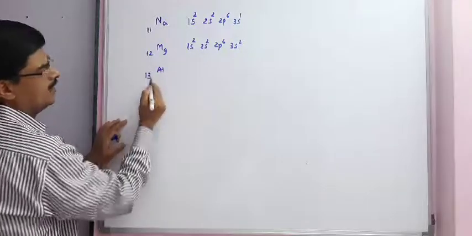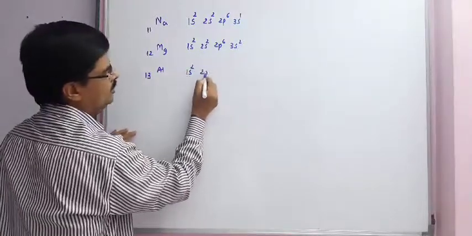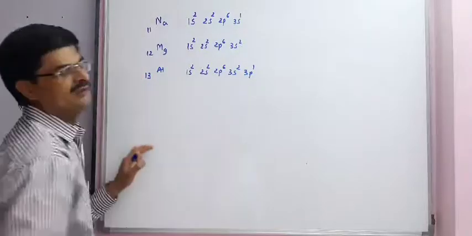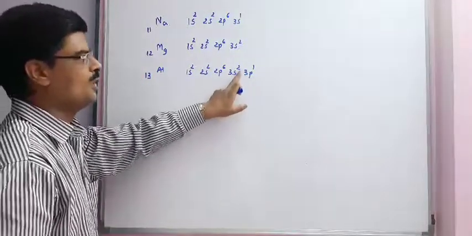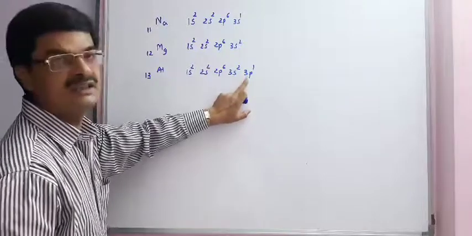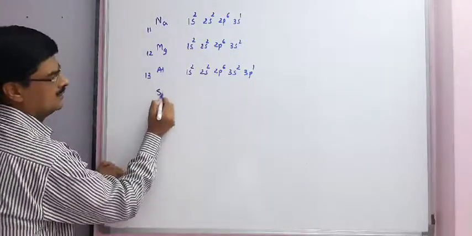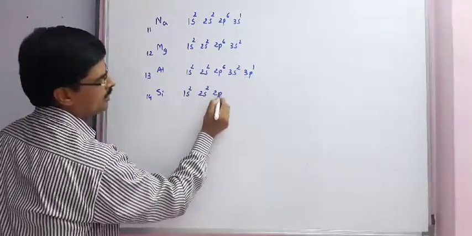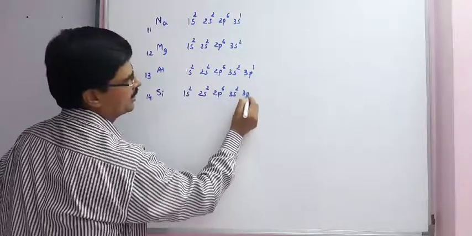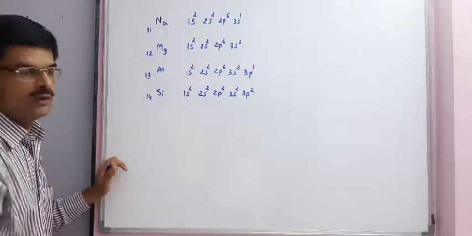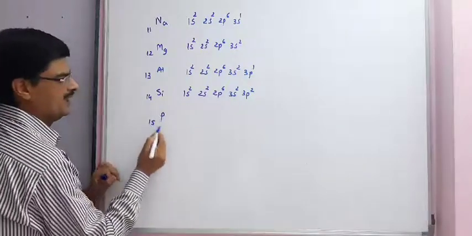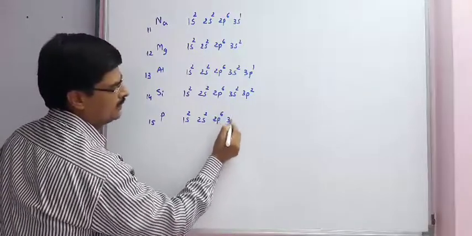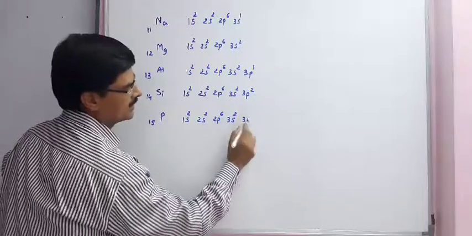Aluminium, atomic number 13, 1s2, 2s2, 2p6, 3s2 and 3p1, because after completion of 2 electrons in 3s, the next subcell is 3p. Now silicon, 14, 1s2, 2s2, 2p6, 3s2 and 3p2. After silicon, we have phosphorus, 15, electronic configuration 1s2, 2s2, 2p6, 3s2 and 3p3.